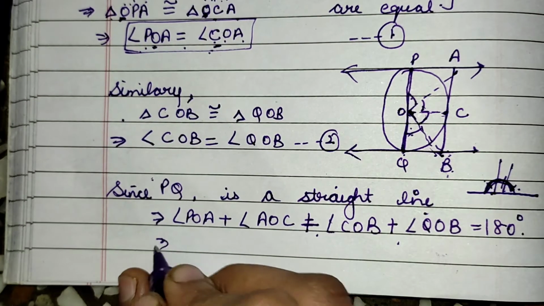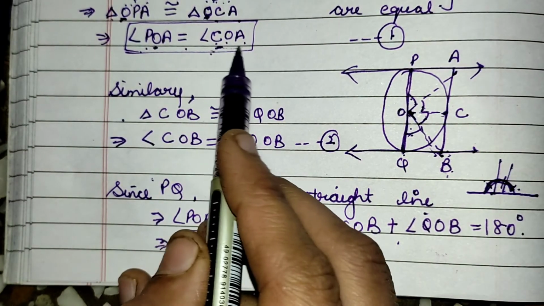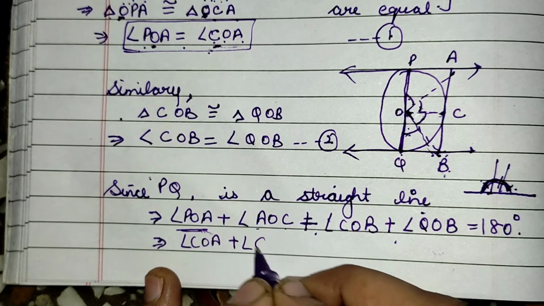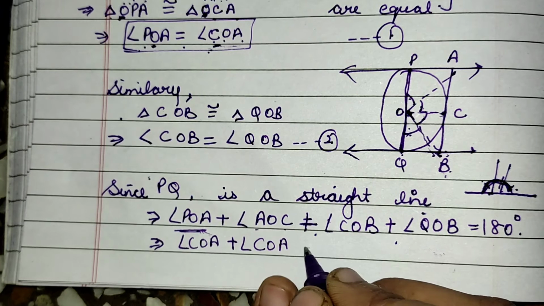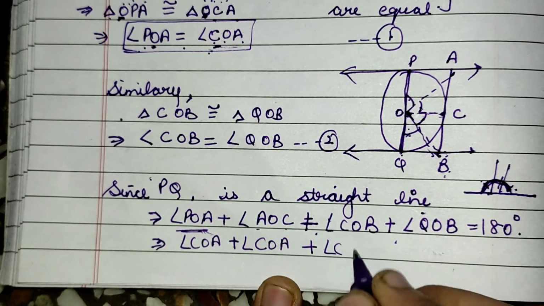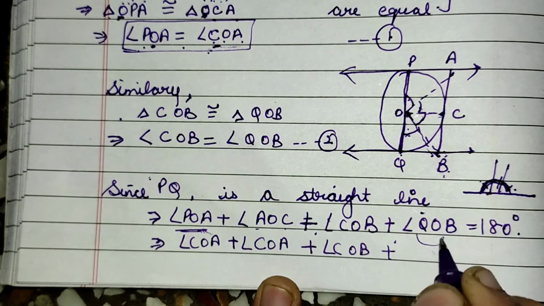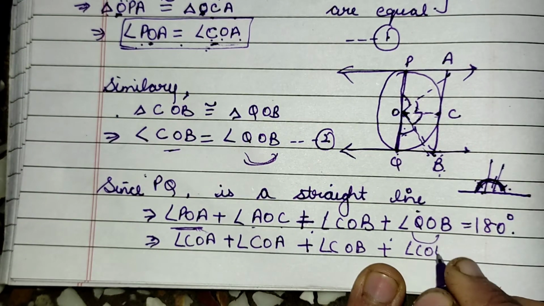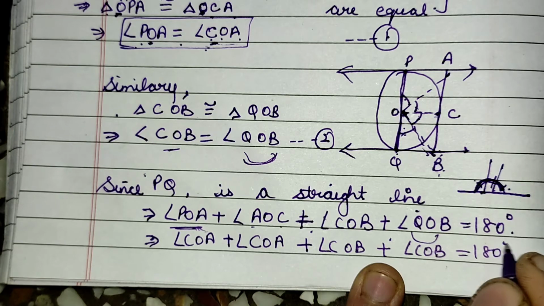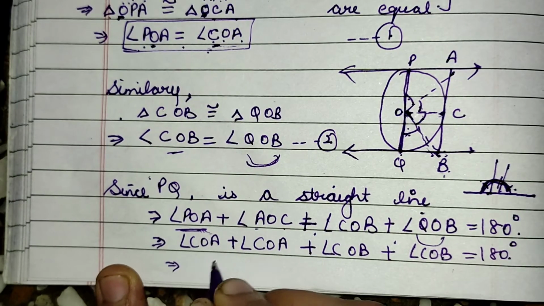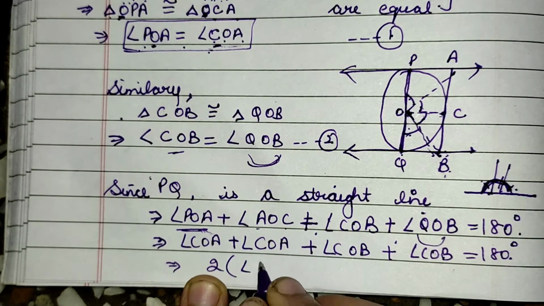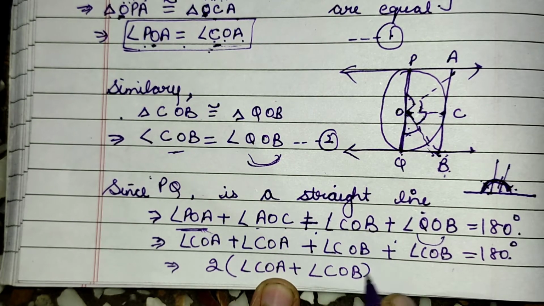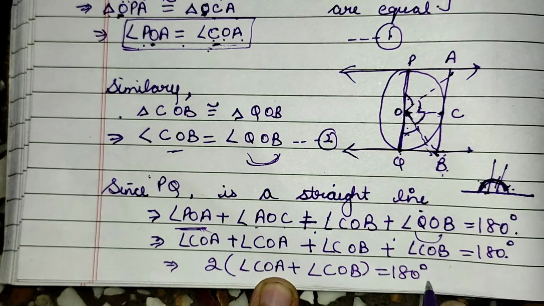Okay, so now in place of POA I can write down COA because both the angles are equal, plus instead of AOC I can write down COA, plus angle COB as it is, plus angle QOB, instead of QOB I can write down angle COB because both are equal to each other. So 2 times of angle COA plus angle COB is equal to 180 degree.